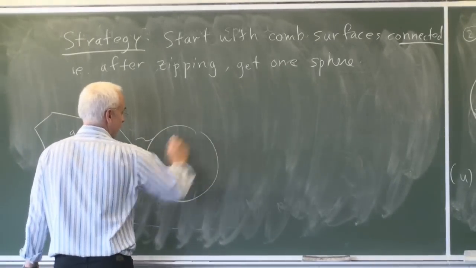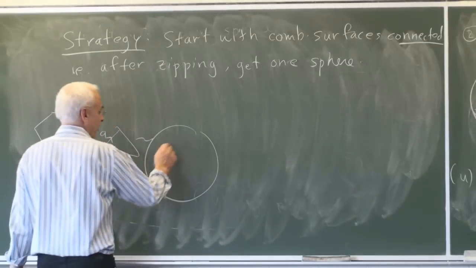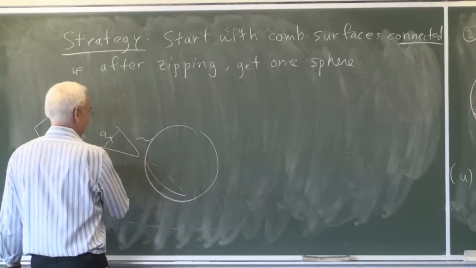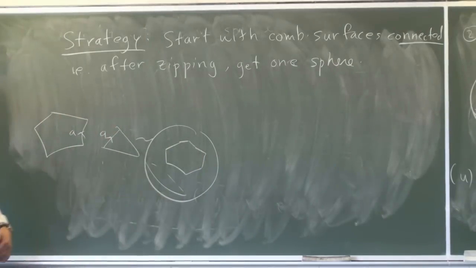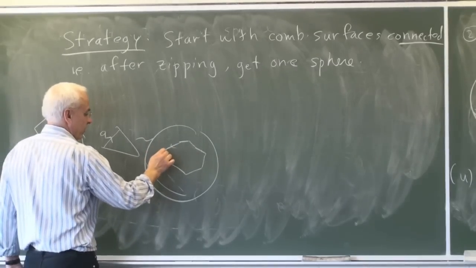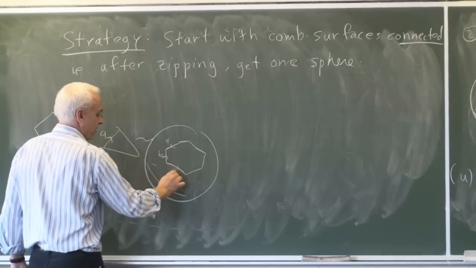Okay. So you can have a sphere with some big hole. Lots of different labeled edges.